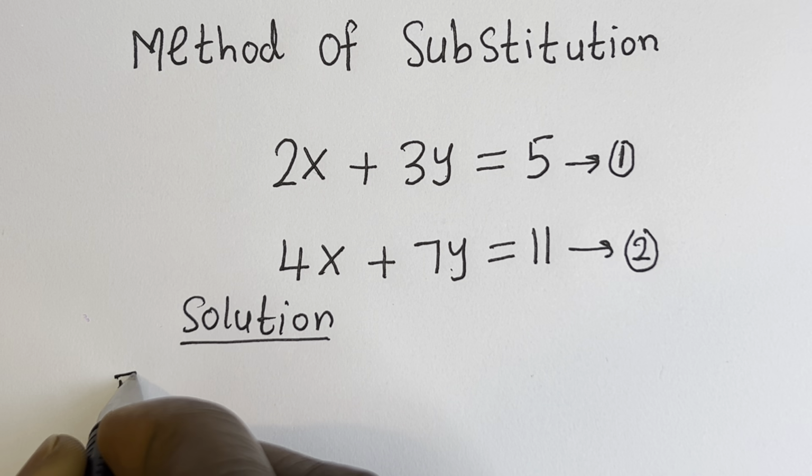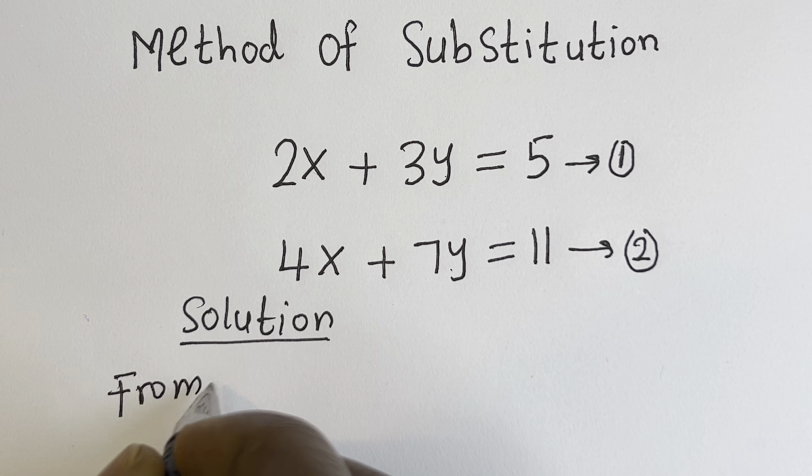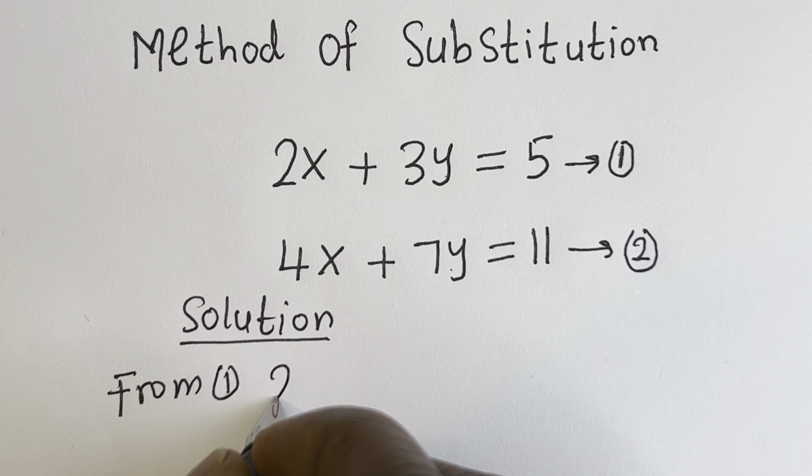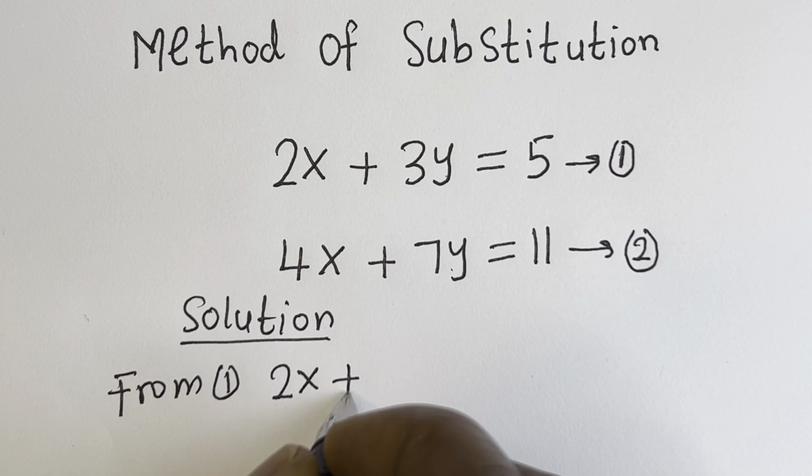From equation 1, 2x plus 3y is equal to 5. We want to make x the subject of the formula. 2x is equal to 5 minus 3y.